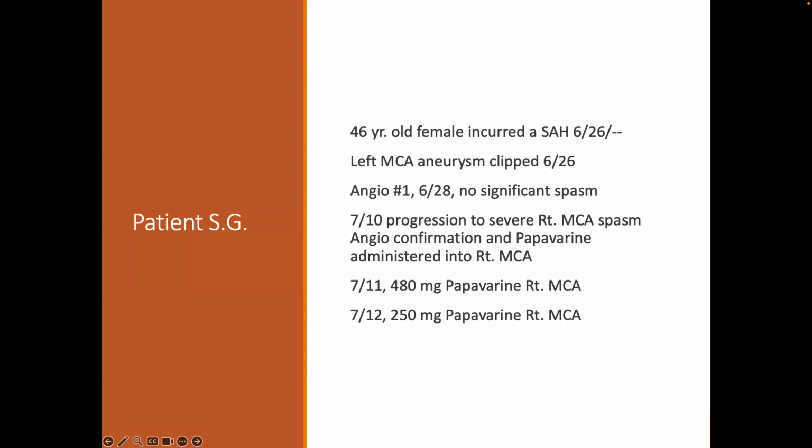And so she underwent 3 local papaverine injections to the right MCA. So once they injected that, the velocity started to decrease. But there was also a progressive but kind of transient spasm in the left MCA at the same time during the 3rd week post-op. But she didn't have any symptoms from that episode, so they kind of just left that alone.